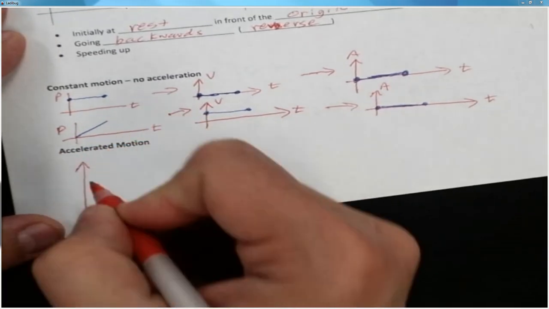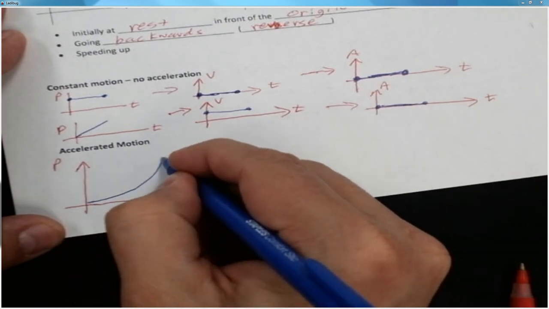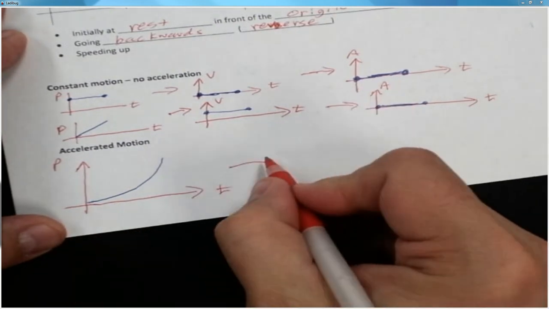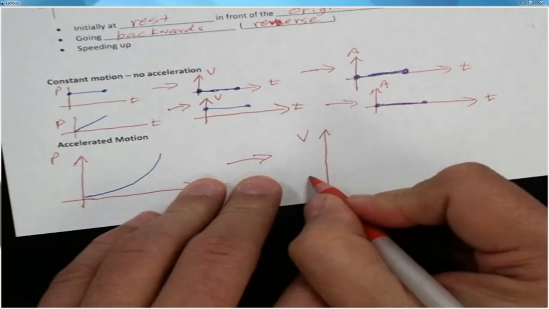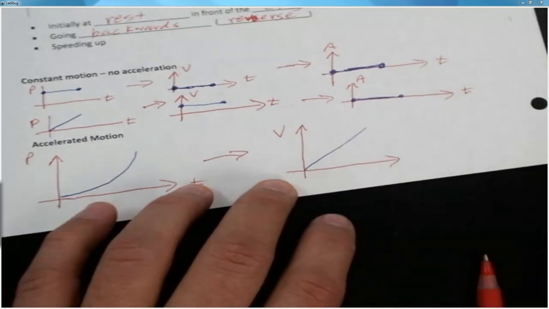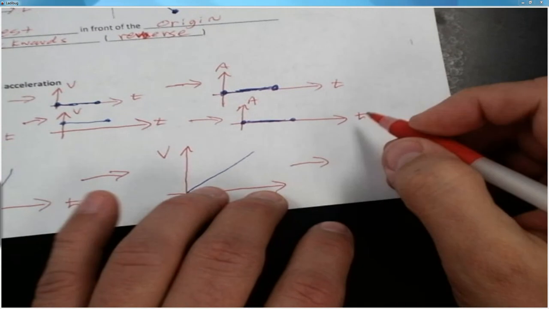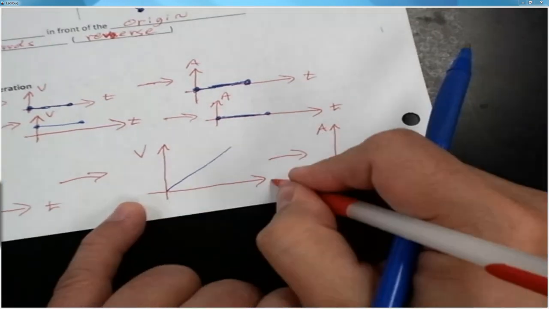If you have a PvT that looks like this, then that is going to lead to a VvT that looks like this, which will lead to an AvT that looks like this.